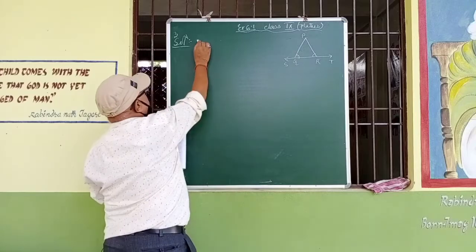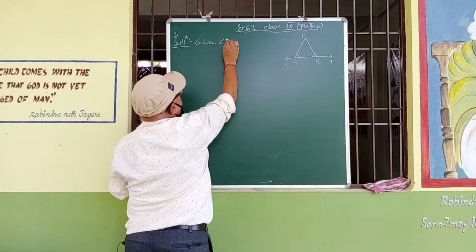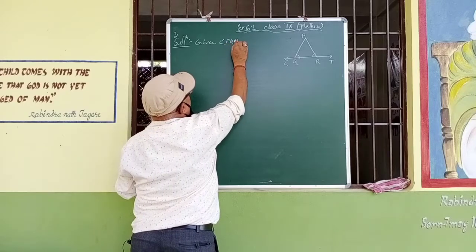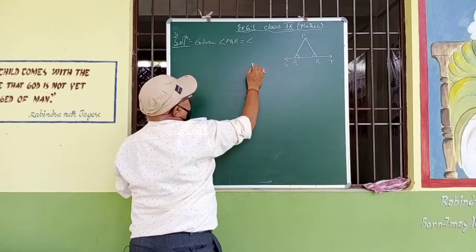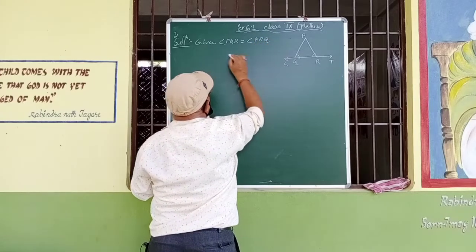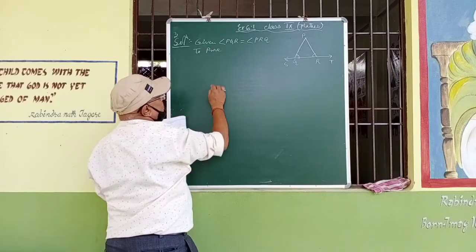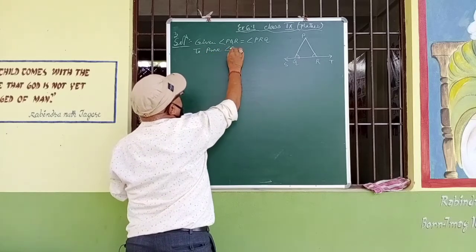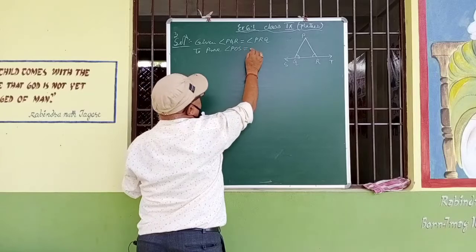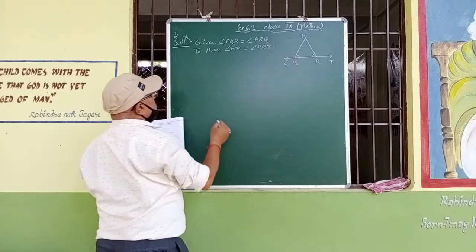So we are given PQR equal to PRQ. To prove PQS is equal to PRT.